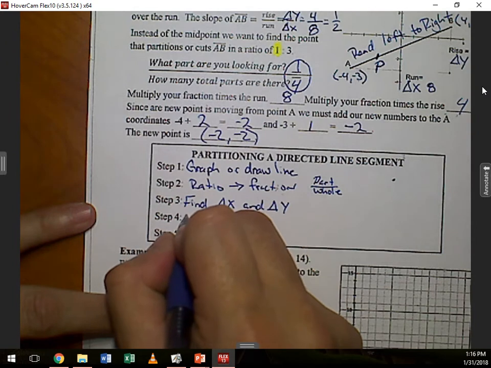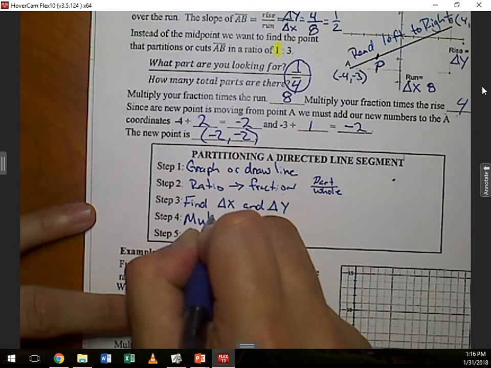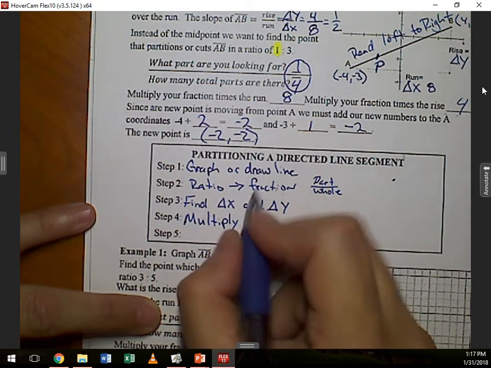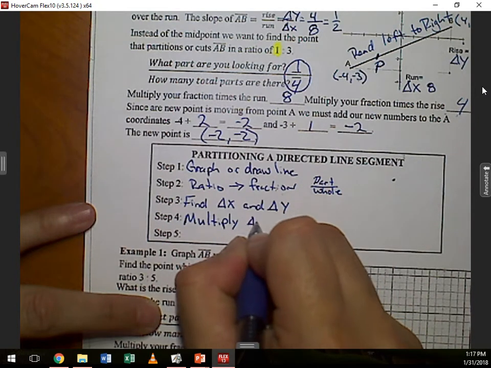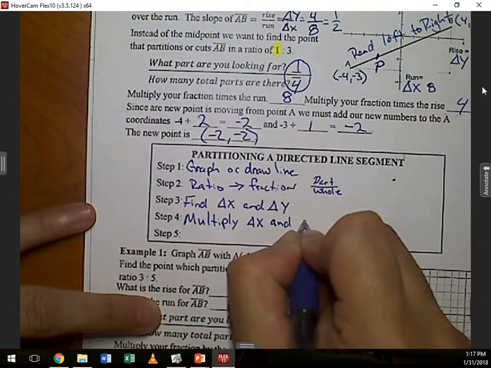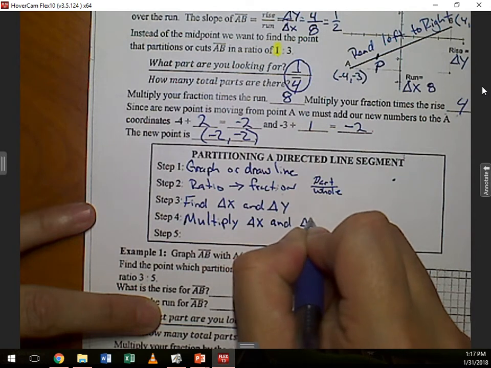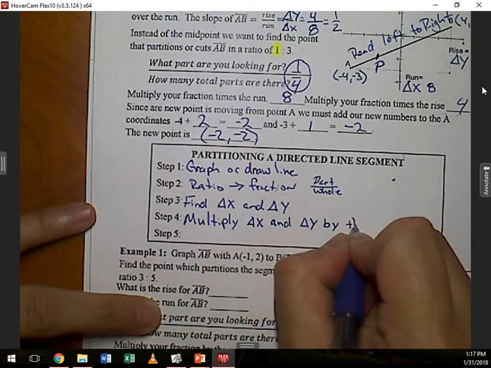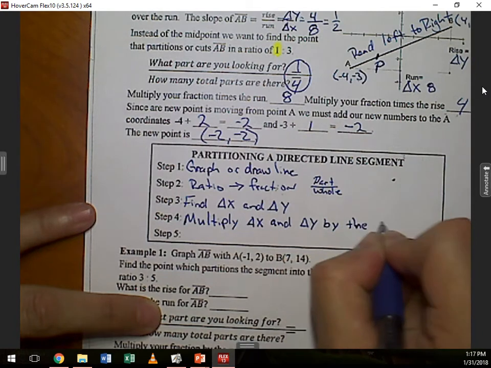Step 4, multiply delta x and delta y by the fraction.